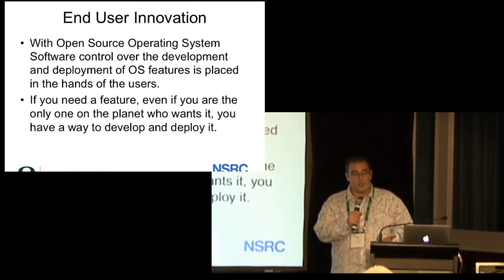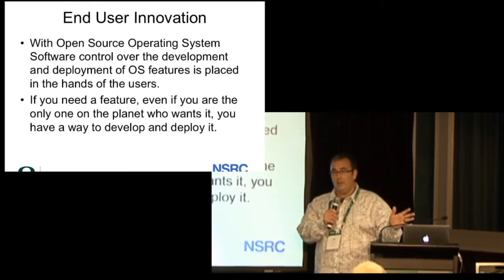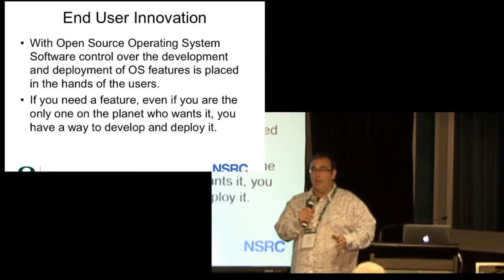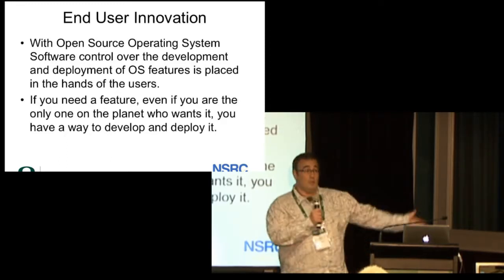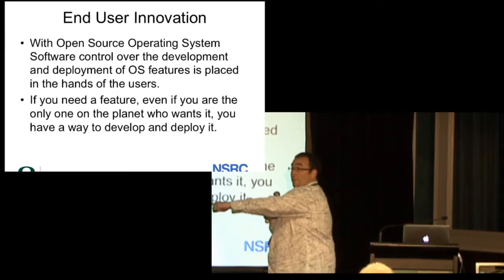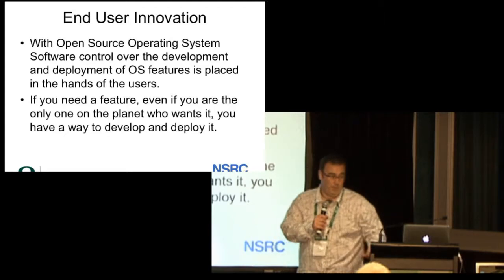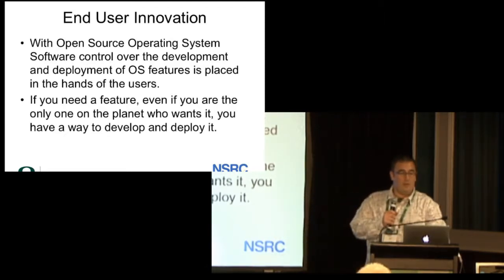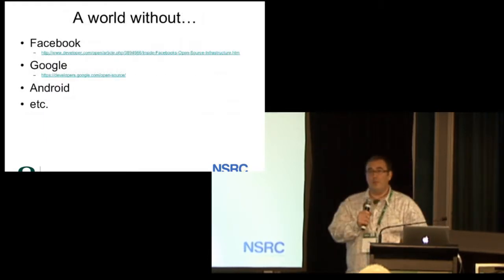If you needed a feature, even if you were the only person on the planet who thought that was a good idea, then you had a way of making that feature happen. You could write it yourself, you could hire someone to write it, you could download it from the other guy on the planet who thought that this was a good idea. You had options, okay?